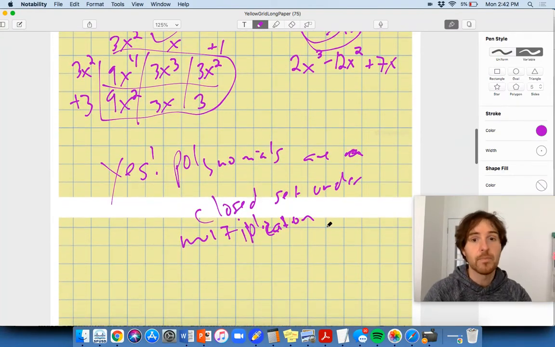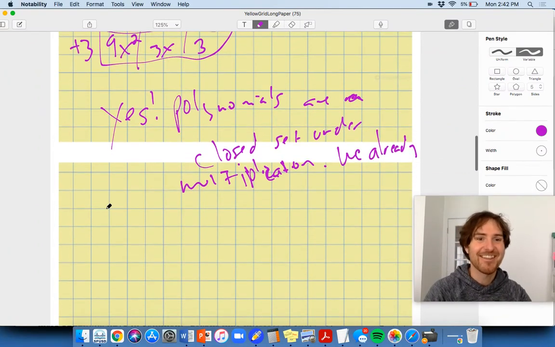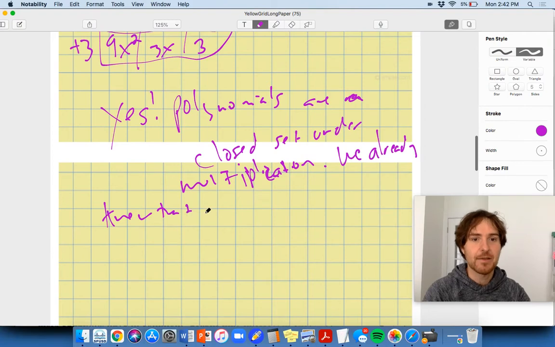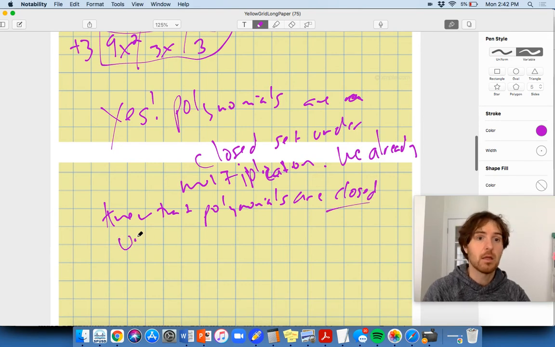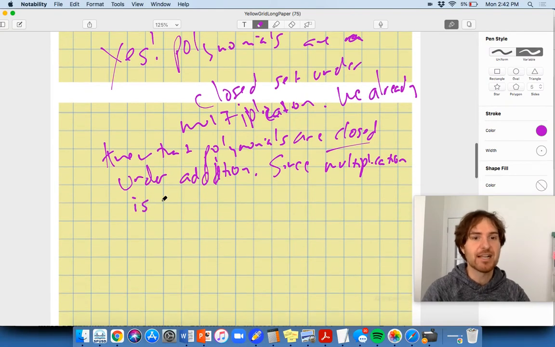Okay. You can say, well, all right, same logic here. We already knew that polynomials are a closed set under addition, since multiplication is just repeated addition.